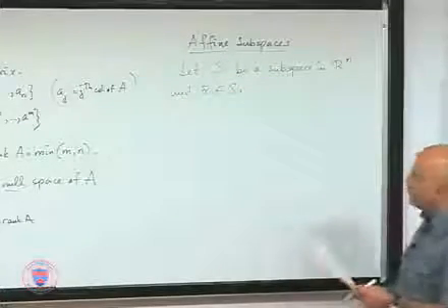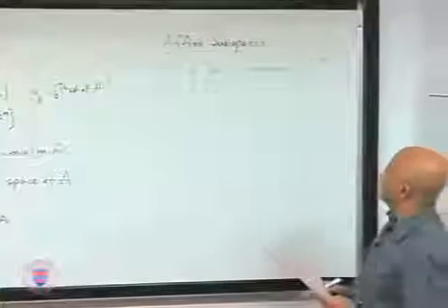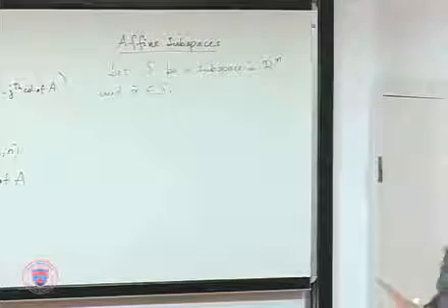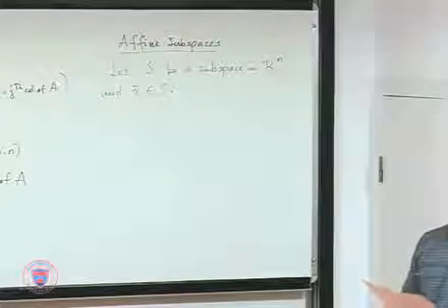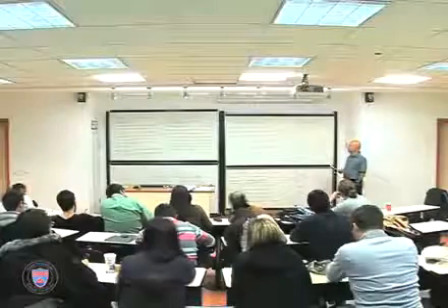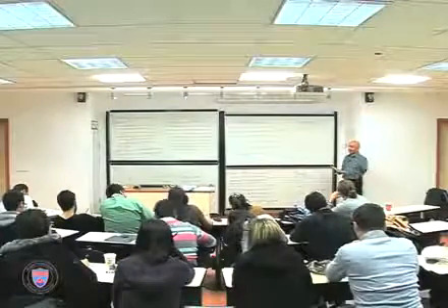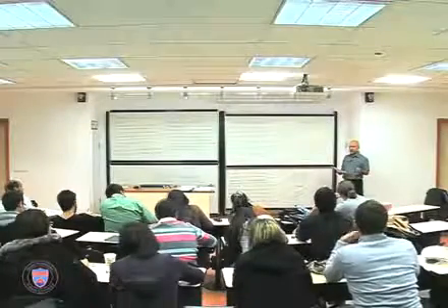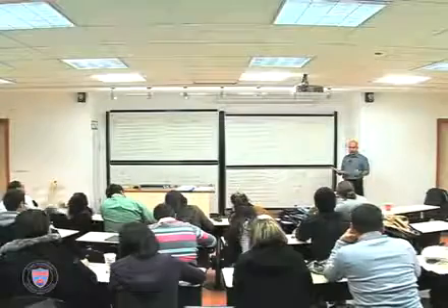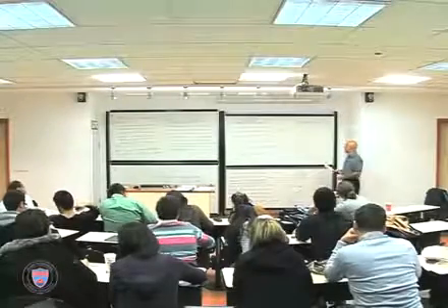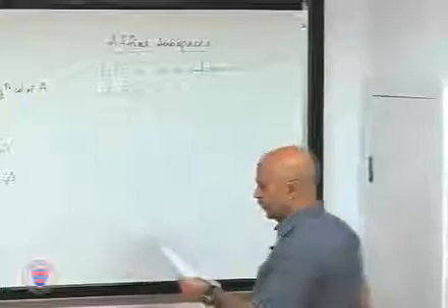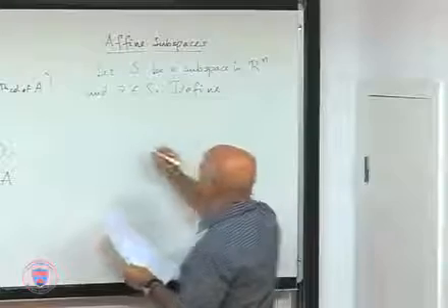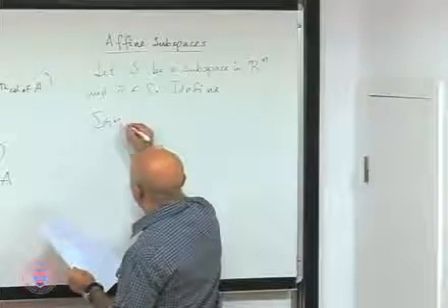So suppose we have a subspace S in Rn, and x bar is a point in S. Affine subspace and subspace are essentially the same things, except that an affine subspace does not have to contain the origin. The origin is transformed by a constant vector, in this case x bar. So let's define the set denoted by S plus x bar.